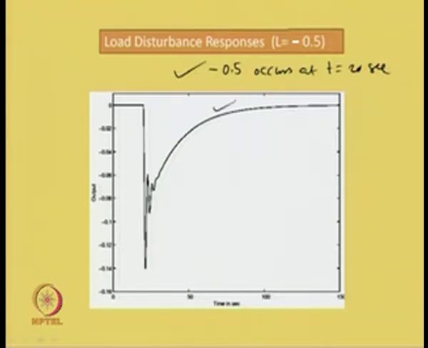As is evident from the response, we have got a very sluggish response, because the disturbance occurs here and it takes a long time to go to the steady state, almost 80 seconds.